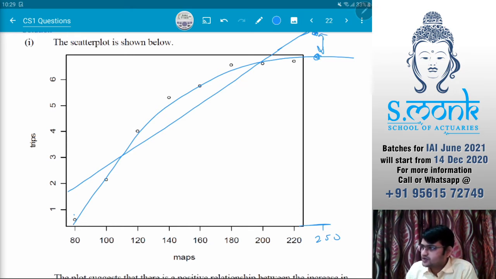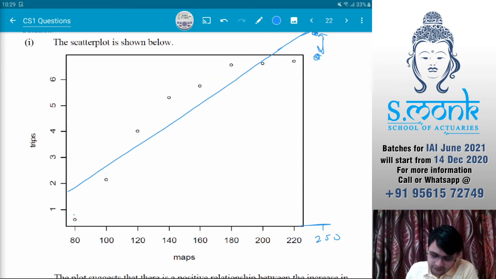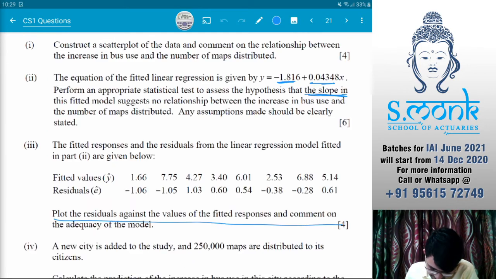So finding regression values for higher extreme values is not a very good thing to do when we have a curve representation rather than a linear representation. I think that is part of this question.